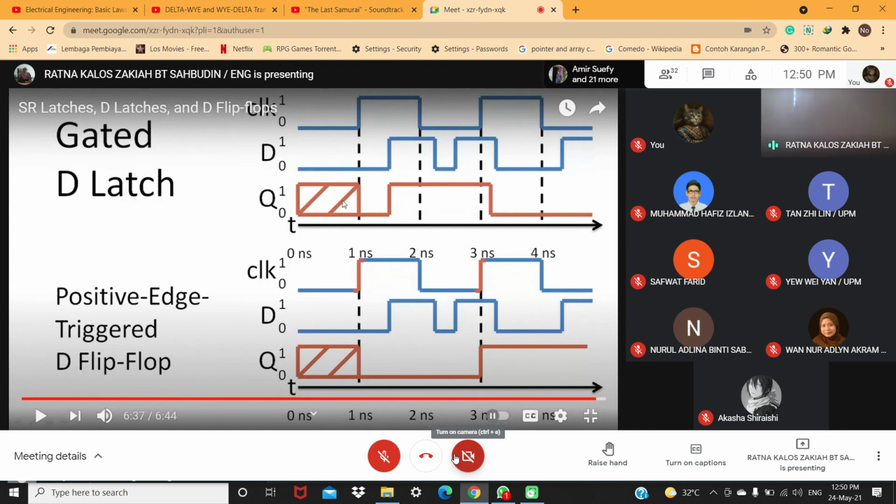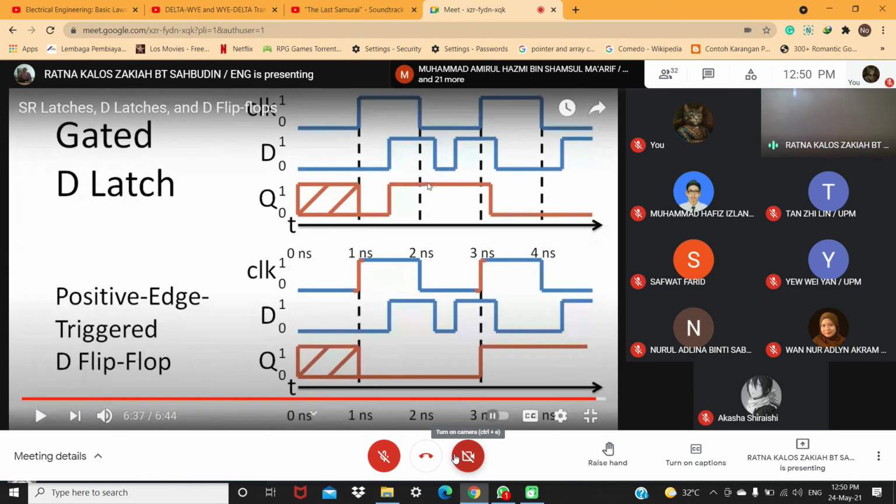And then look at here, this is the clock. When the clock is high, and the data is low, the output follows. When the data is high, the output is also high. But now the clock is low, so there is no change here.